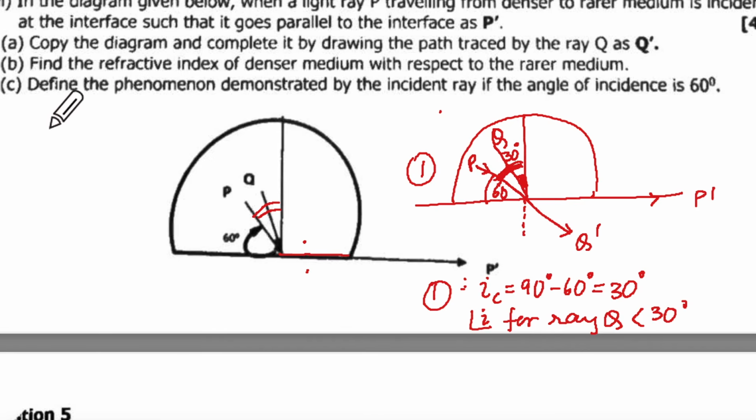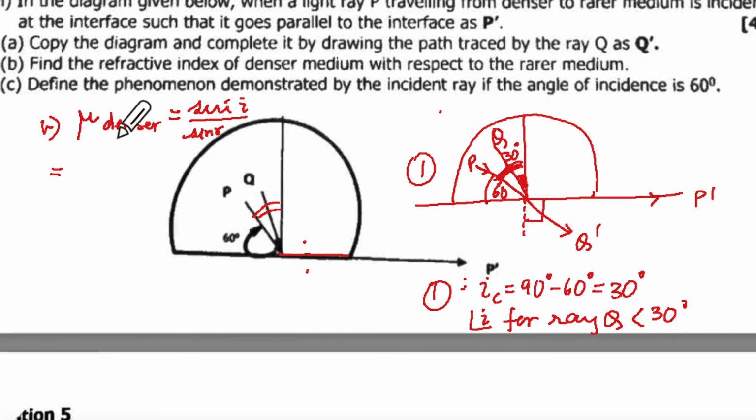Now B part: find the refractive index of denser medium with respect to the rarer medium. Now this, remember, is 90 degrees here. So refractive index, that is mu of denser medium, is going to be equal to sine i upon sine r.